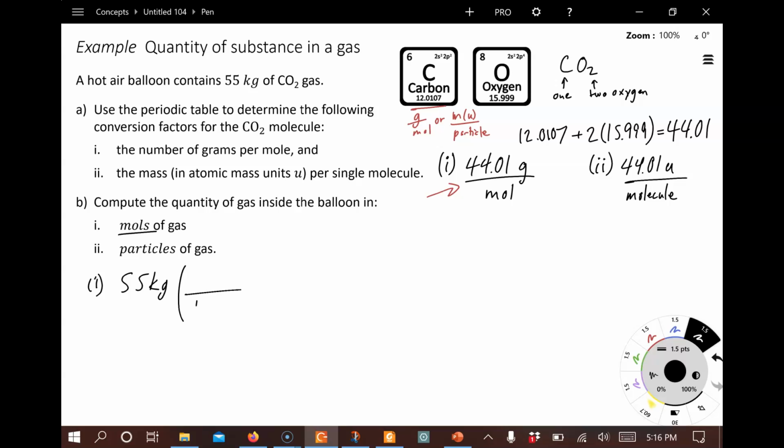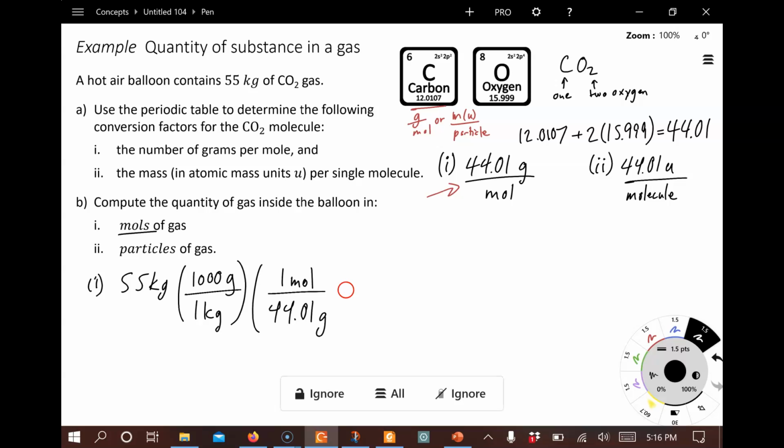So 1 kilogram is 1,000 grams. And then the conversion factor to moles: I want to cancel out the grams and come up with moles, so I'm going to put the grams on the bottom, mole in the top. And we've set our conversion factors up correctly, I think. So let's cancel out the kilograms, cancel out the grams, and we're left with moles.